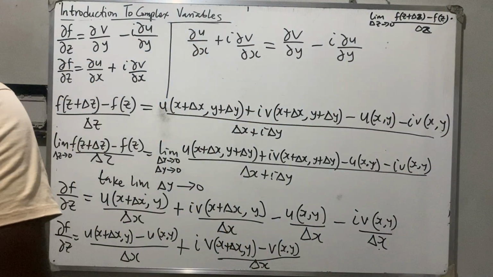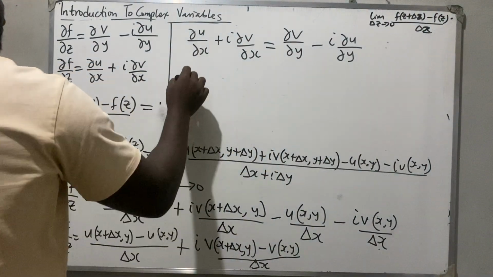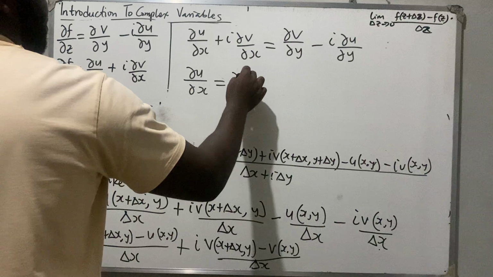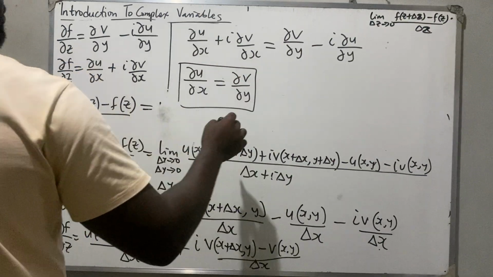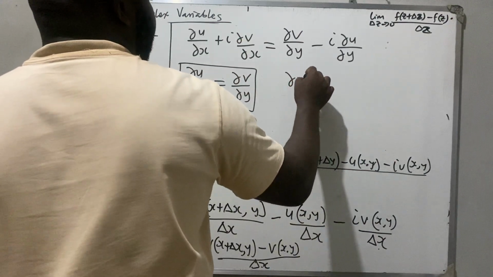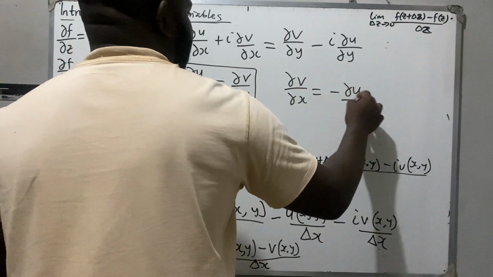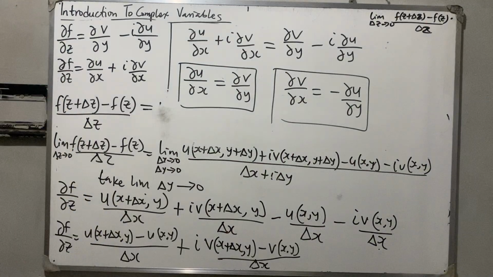Let us equate the real part and then the imaginary part. Equating the real part, partial u over partial x is equal to partial v over partial y. Equating the imaginary part, partial v over partial x is equal to minus partial u over partial y. So this is what we call the Cauchy-Riemann equations, and this is how to prove them.